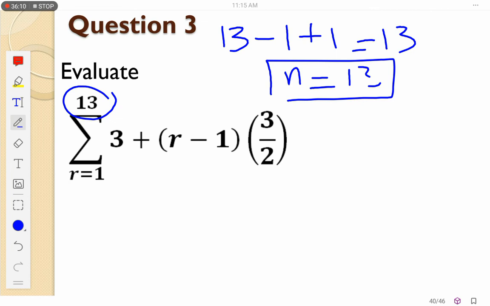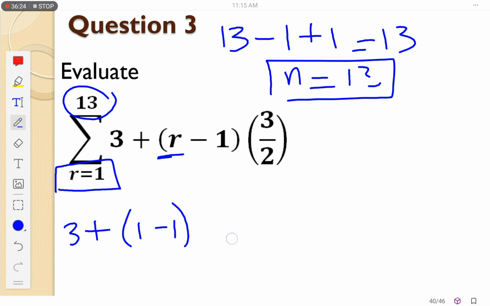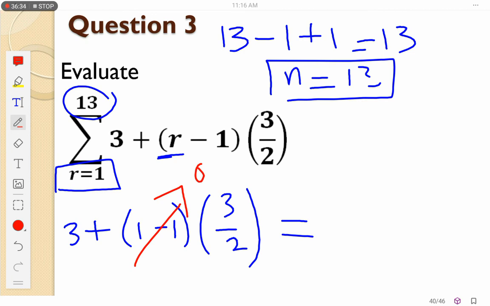Now we have to expand this. First of all, I'm going to put my r as 1. Here I would be changing r and expanding. So the first term I'll have 3 plus 1 minus 1 by 3 over 2. For this first one, I will get here a 0. So when this one is a 0, at the end of the day, they cancel off and have a 3.